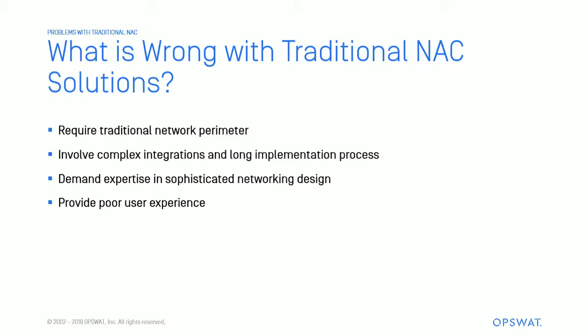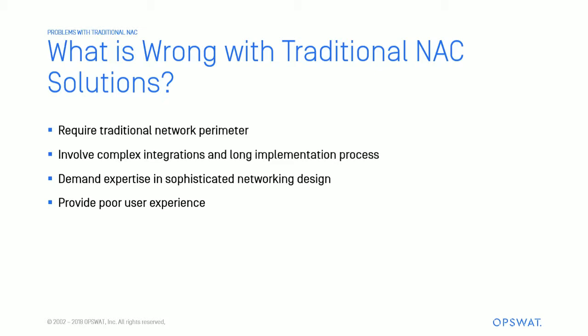First of all, the problem with NAC is that traditional NAC requires a traditional network perimeter. And as everything is moving to the cloud more and more, you really don't have that. So it's getting increasingly more difficult to make NAC even work in this environment.